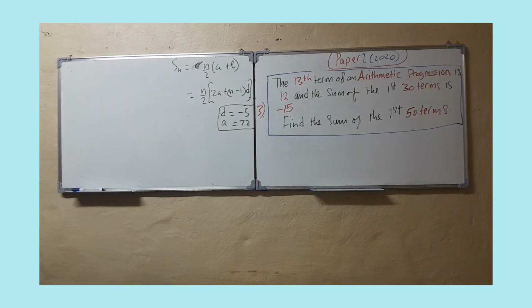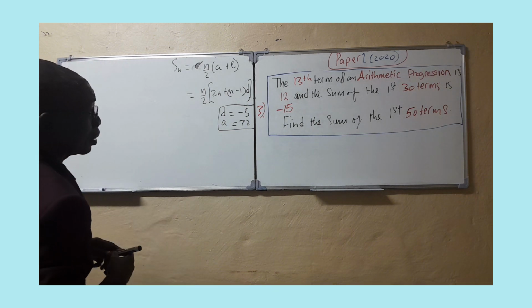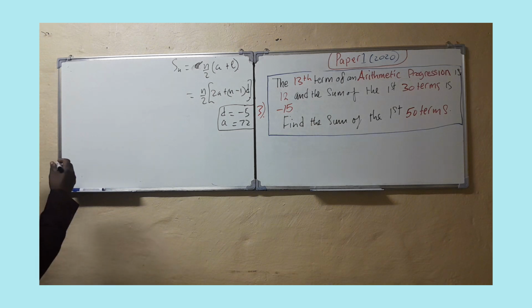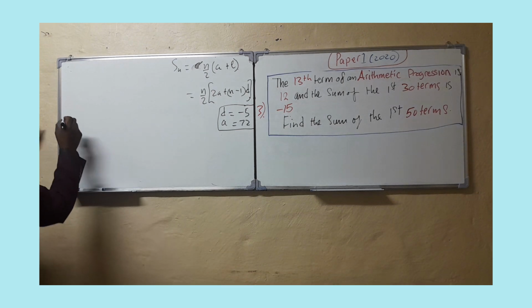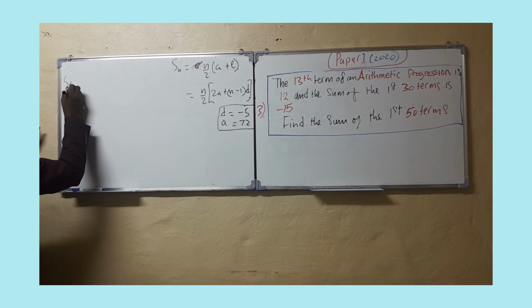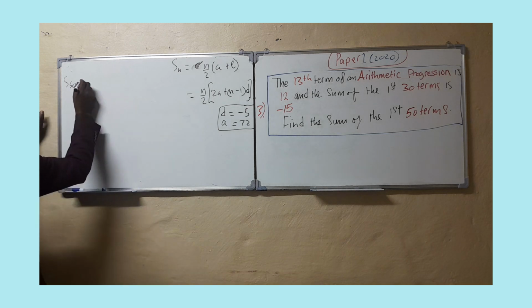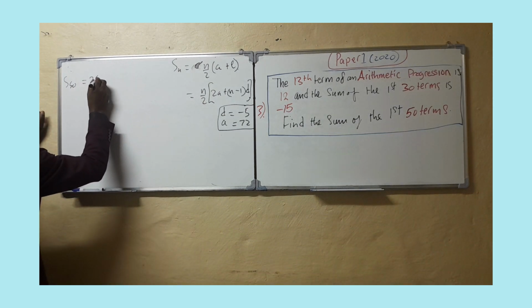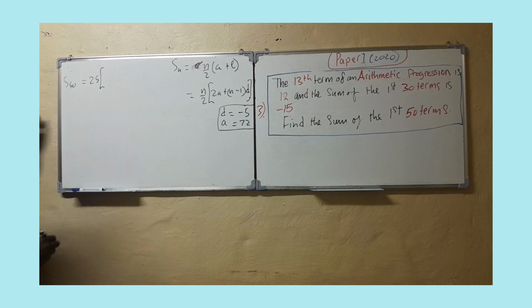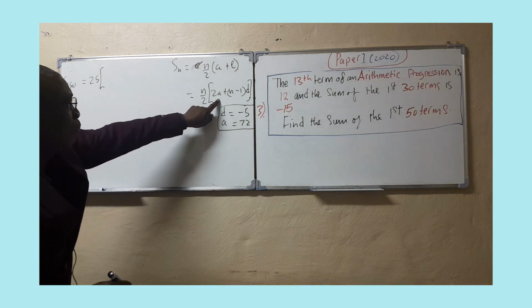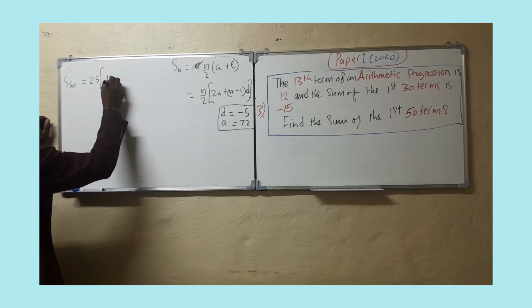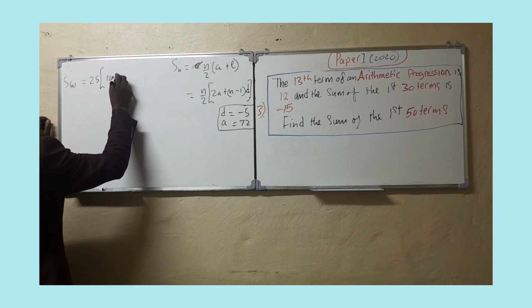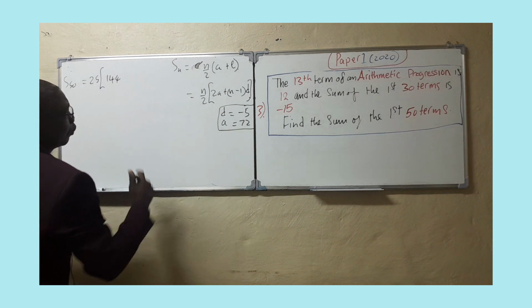So now all we need to do is to plug in the numbers. So our n, of course, is 50. So S50, let's call it S50, is equal to 50 here divided by 2 is 25. Let's put a big bracket. 2 multiplied by a is 144. 72 times 2 is 144.